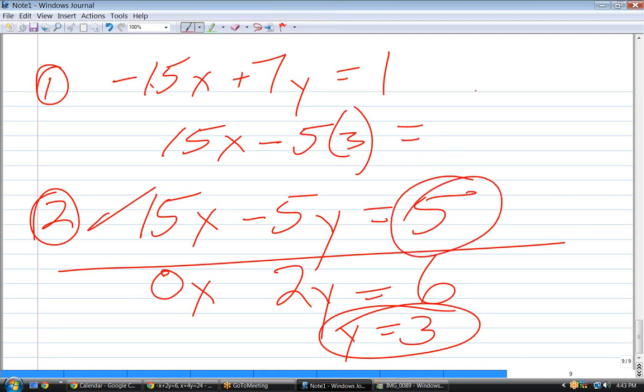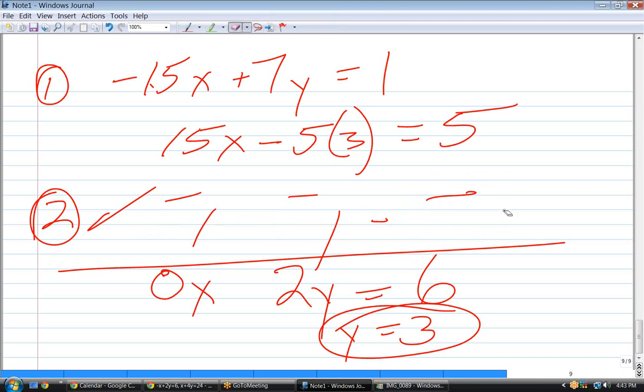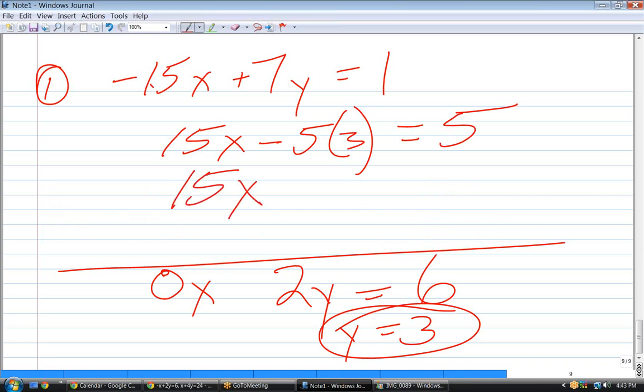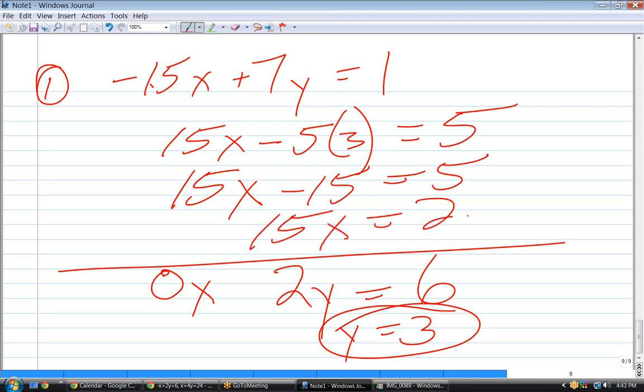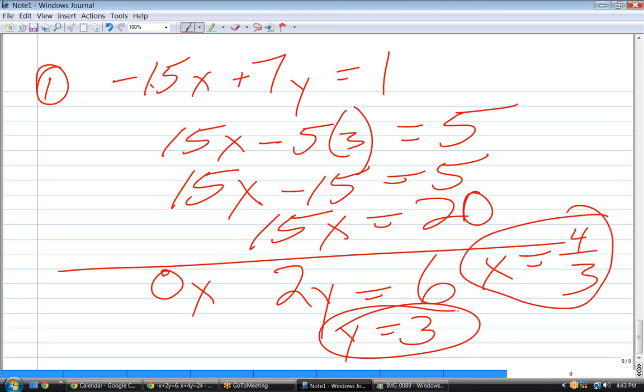It's this equation here we're plugging into. Now all we got to do is solve that. That's 15x minus 15 equals 5. That's 15x equals 20, so x equals 4/3. 20 divided by 15 is 4/3. So there's our solution: x equals 4/3, y equals 3.